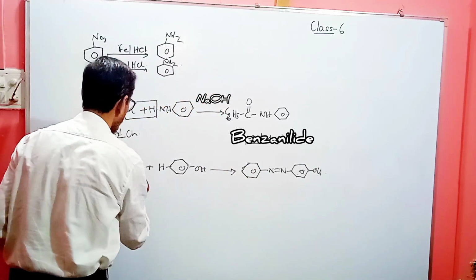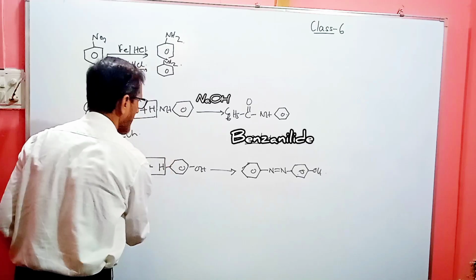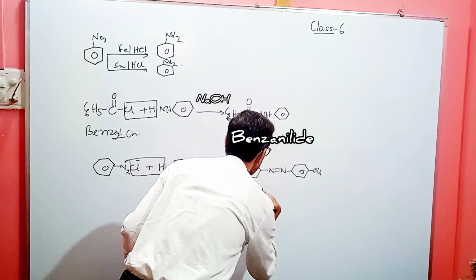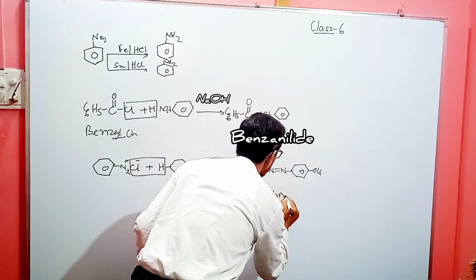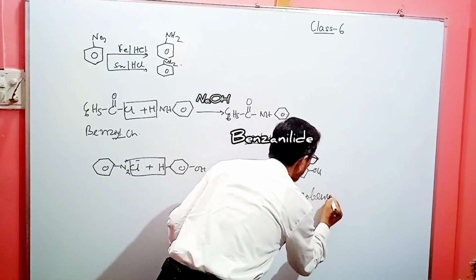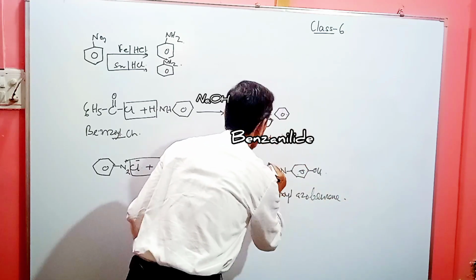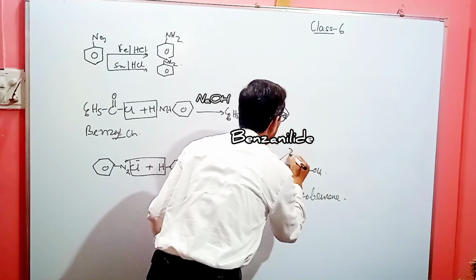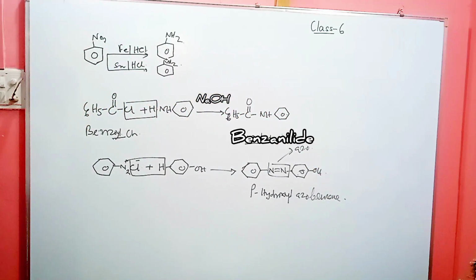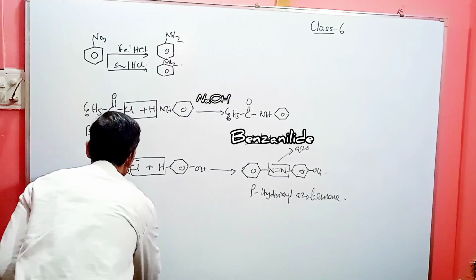Once again, that is para-hydroxy azobenzene. That group is azo. So para-hydroxy azobenzene.